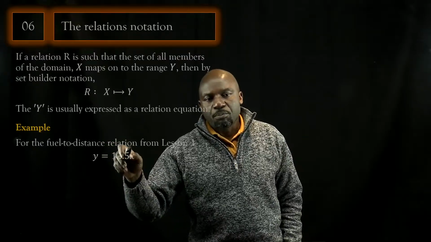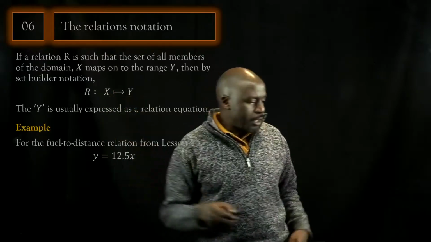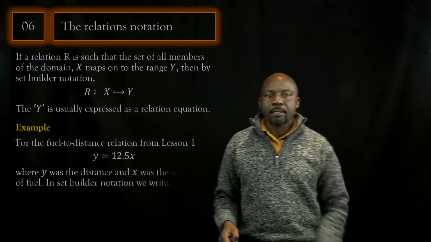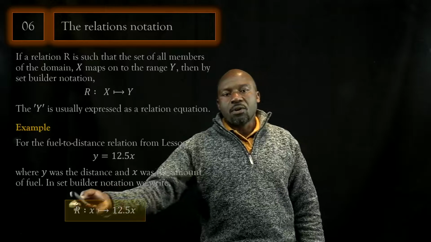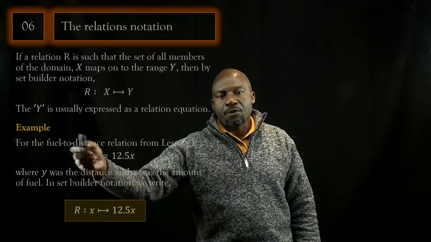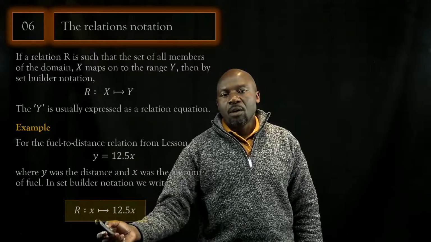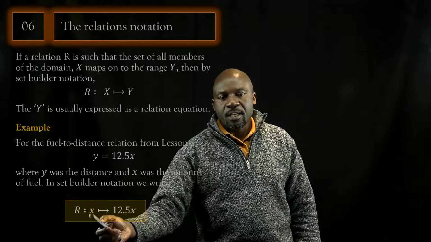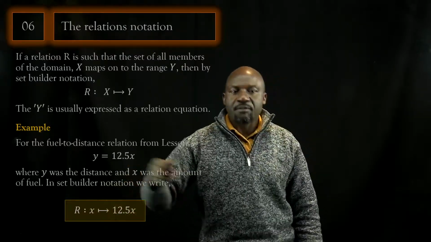So if I wanted to represent this in a relation notation, the relation for the motion of this car, fuel versus distance, would be that the number of liters maps onto the number of kilometers I can travel.